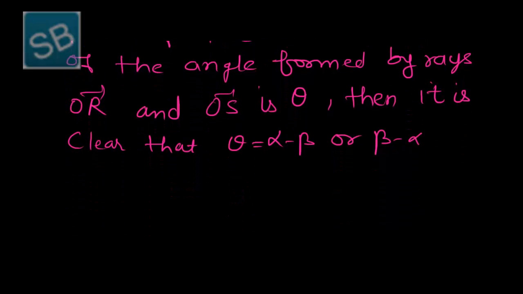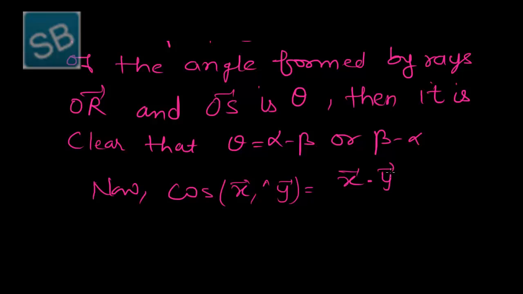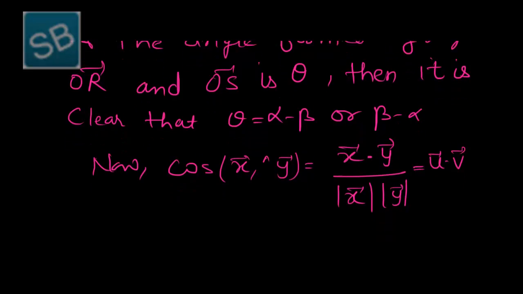Now, as we know, the angle between two vectors is given by cos of the angle between x and y is equal to x dot y over modulus x modulus y, that is also equal to u dot v, as x over modulus x dot y over modulus y is u dot v.